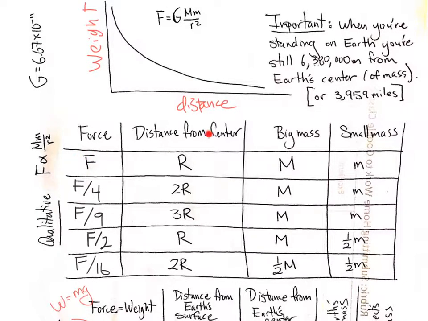And what's happening is Earth is staying the same and you're staying the same, but you're going out in space. And so if you're 2r away, it means you're an Earth radius away from the surface of Earth. So your weight would be 1/4 what it normally is.